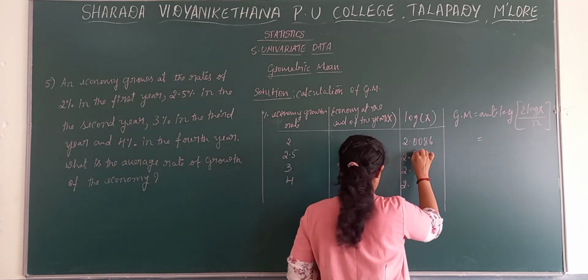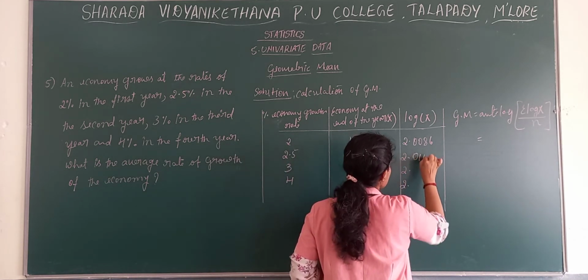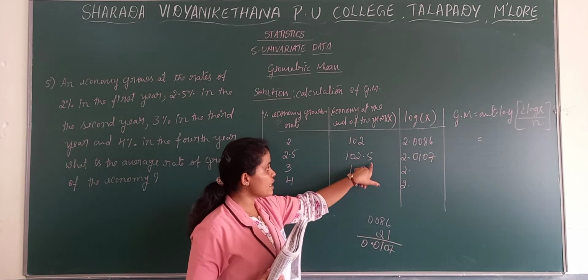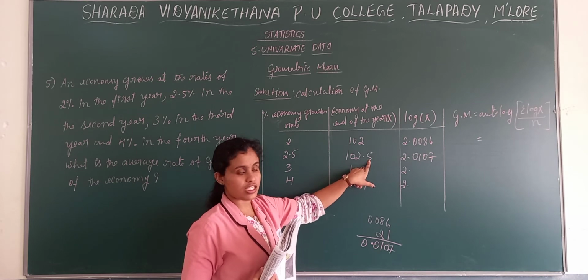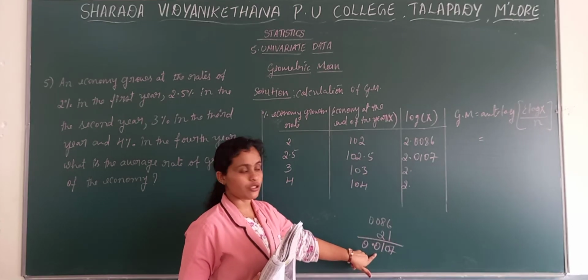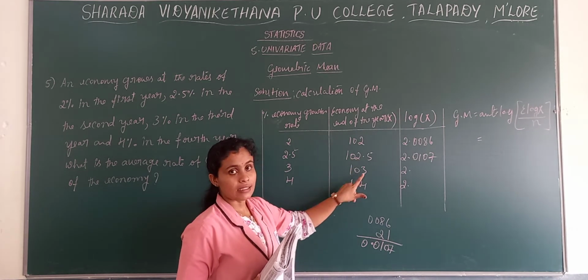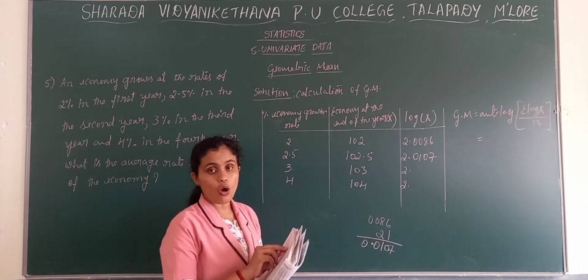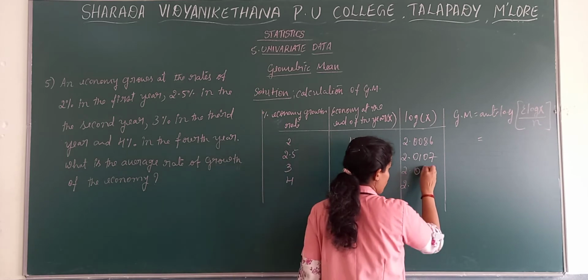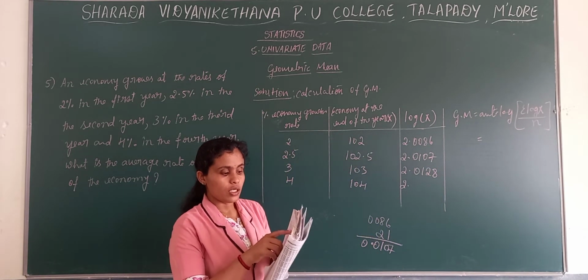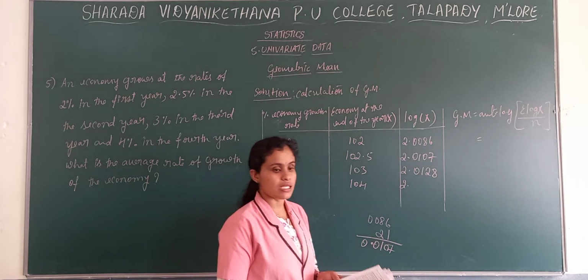Here log is 0.0107. Then see this 21 is the 5th column mean difference. This value is 10 second column. Now 10 third column, that is 0128. Now 10 fourth column you have 0170.